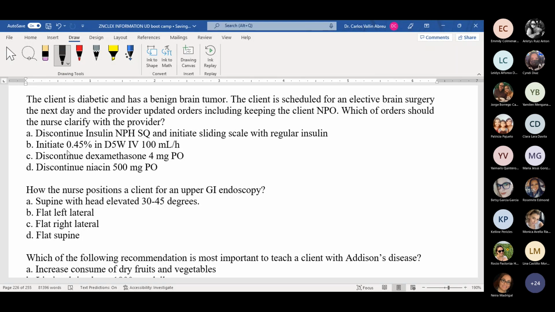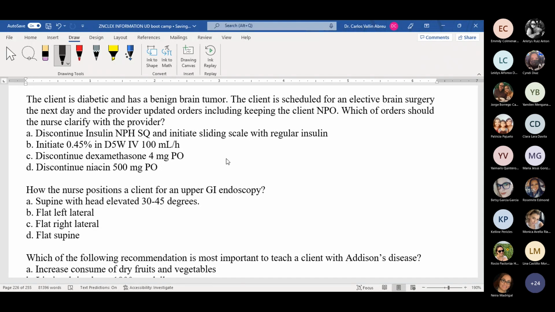Nevertheless, as I said before, in this solution you are combining the osmolarity of the half normal saline with the osmolarity of the D5W, so you have two osmolarities added. So take care, because it is not necessarily a hypotonic solution. This is a common indication in this kind of client, because it's covering the needs of electrolytes and hydration, and also the needs of dextrose or glucose to prevent hypoglycemia.